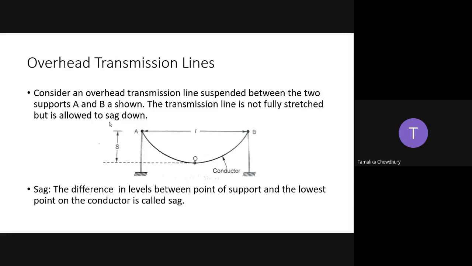So while calculating the sag, we will have two things: one is the weight, another is the tension. Here compression is not acting, so obviously there is only tension and weight while calculating the sag.